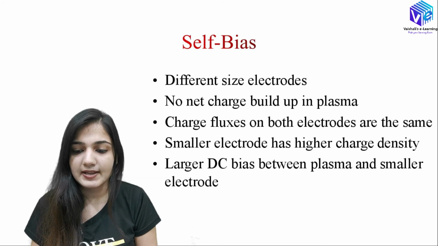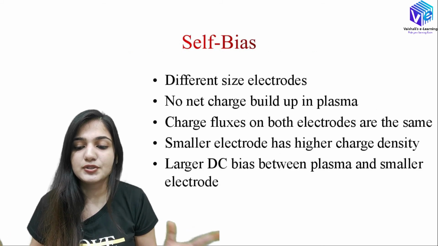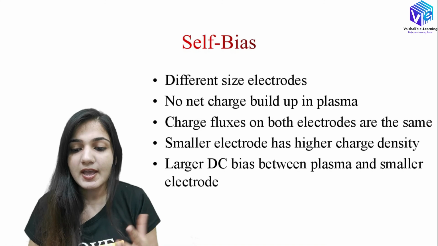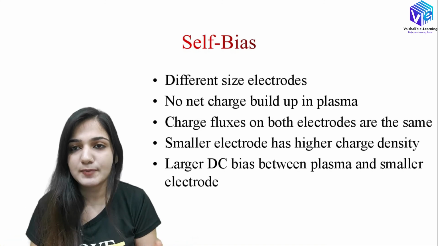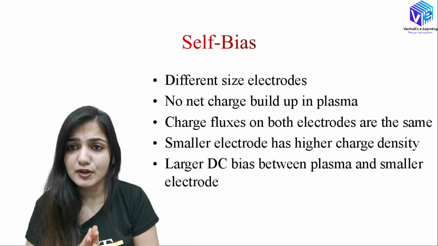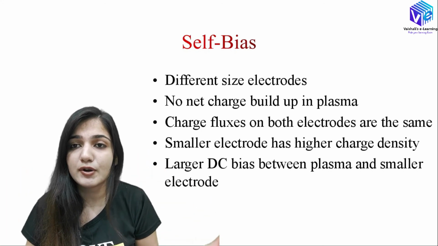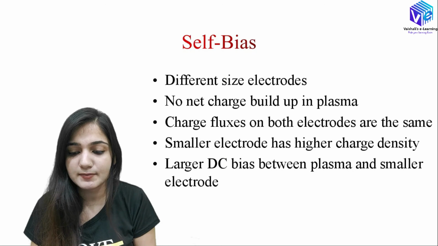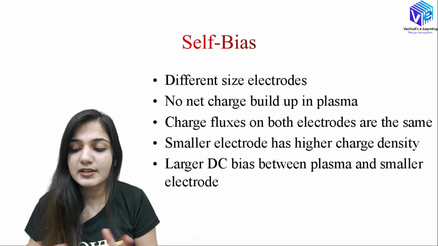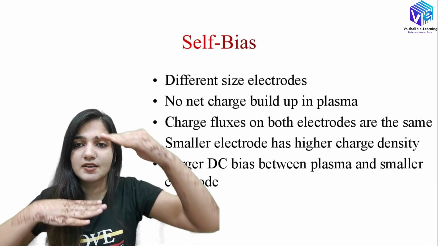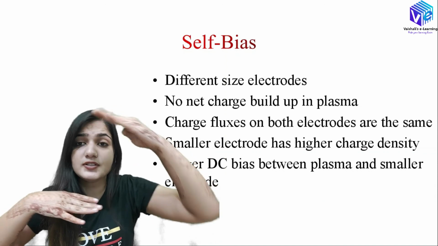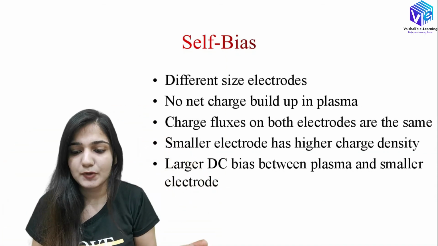Coming to the self bias. Here we can use different sized electrodes, and we don't have any charge buildup in the plasma, because I have already told you we have equal ions and equal electrons. The total overall charge will be zero in the plasma. Charge flux on both electrodes is also the same.